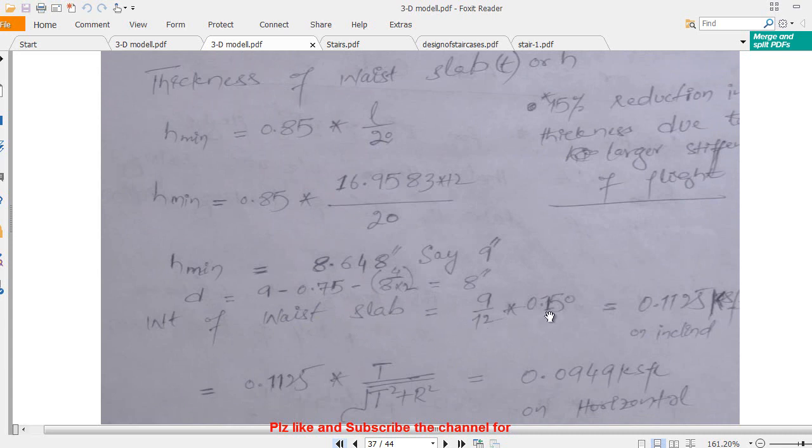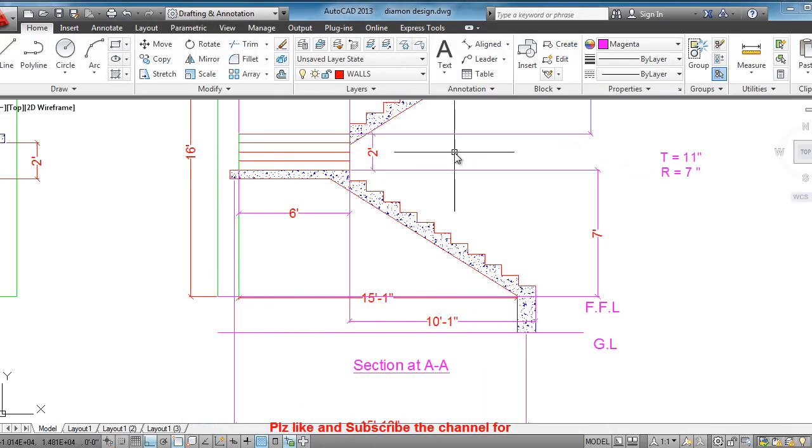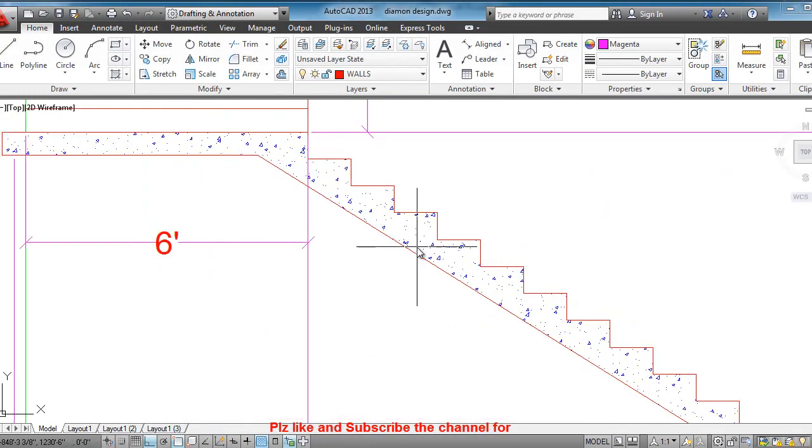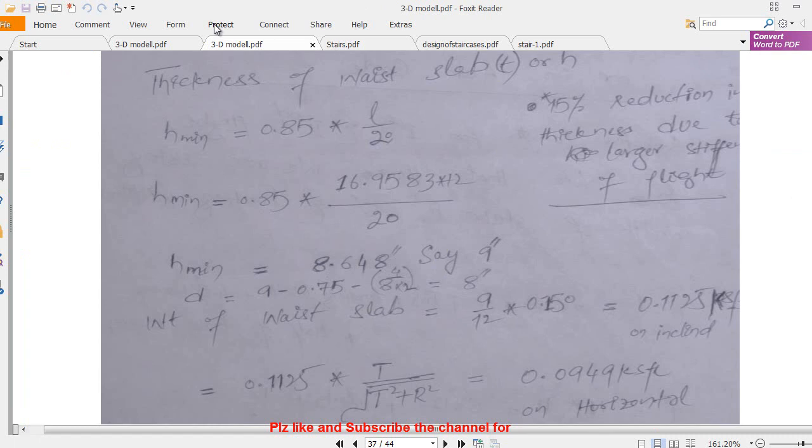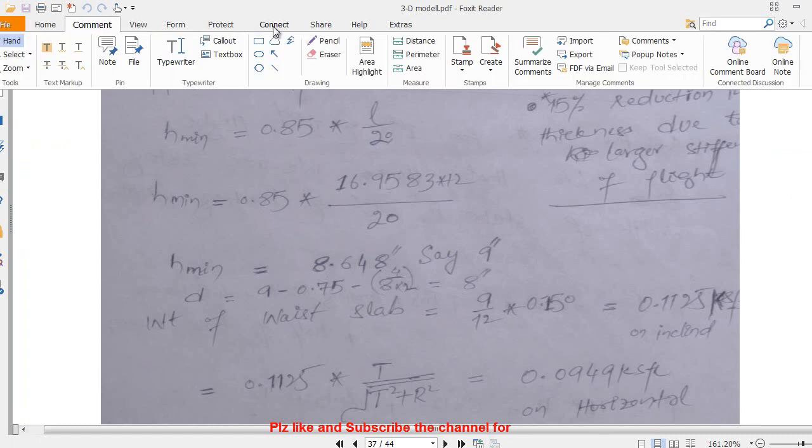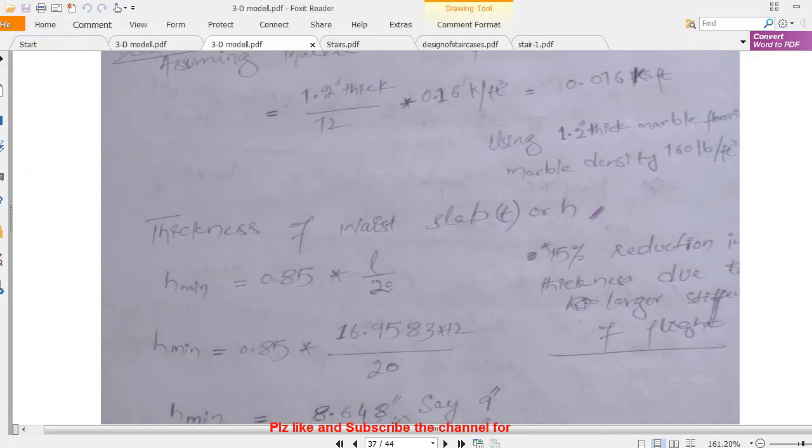You see the weight of slab, that is 9 by 12 times 0.150. This is an inclined plane. Remember, this is a very important terminology in the design of a staircase. In stairs, when we are calculating the weight of the waist of the slab of the stair flight, initially we assume that, let me show you where is the inset, this one.